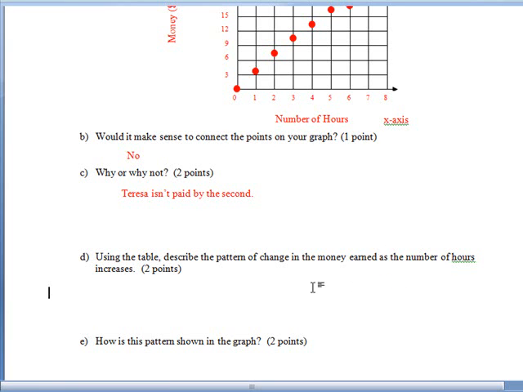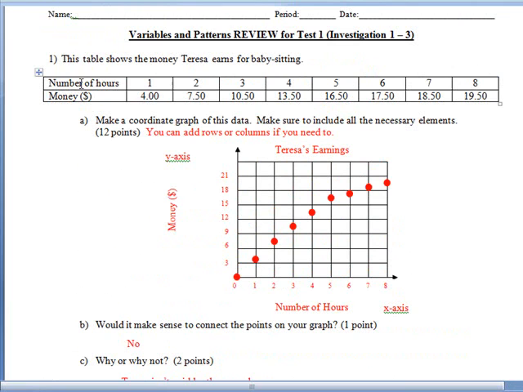As the number of hours increase, here they're increasing, what is happening? The amount of money she earns is increasing as well. See, I can see it going up.